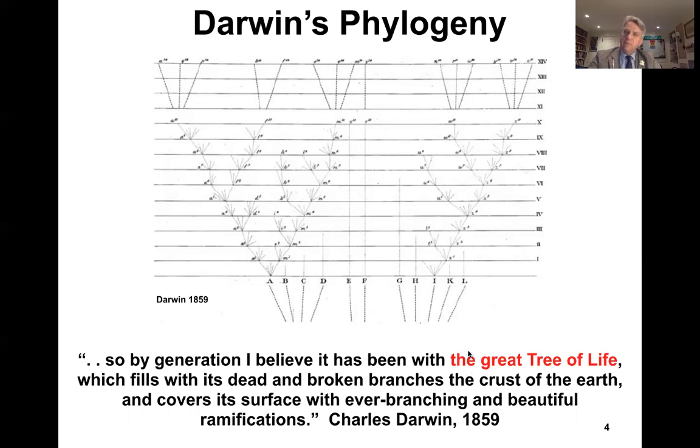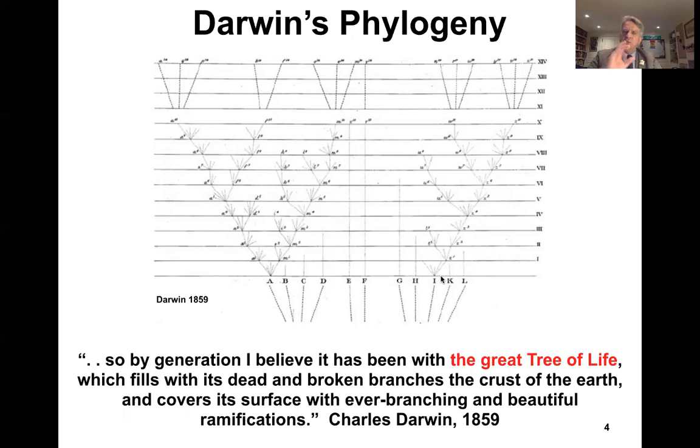And he mentions that the dead and broken branches are in the crust of the earth. These are the lineages that were around but are now extinct, recorded in the fossil record, and life that covers the surface of the earth are the descendants of that life that is found in the fossil record today.